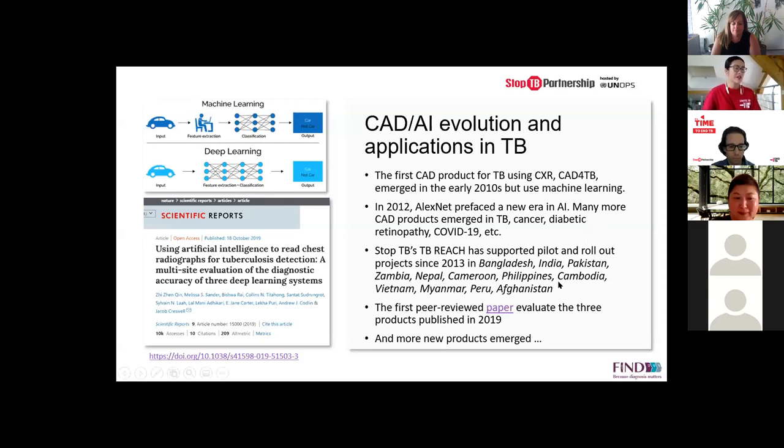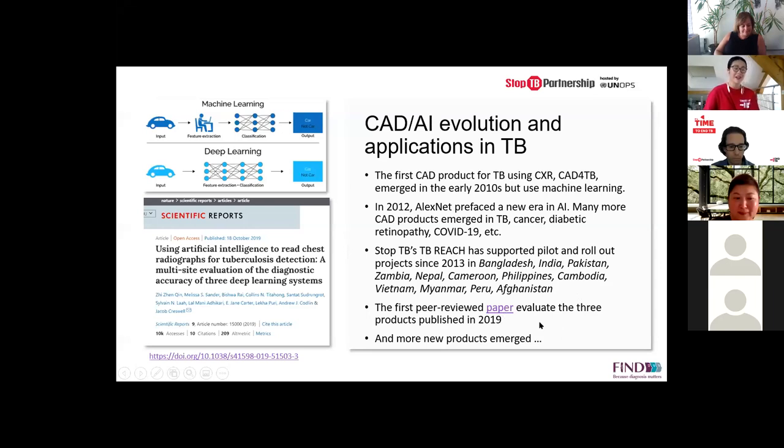Since the breakthrough, at least two products that people are more aware of have entered the TB space, and these are CureAI and Lunit. The Stop TB Partnership published the very first peer-reviewed journal paper, shown here, in Nature Scientific Reports back in 2019.